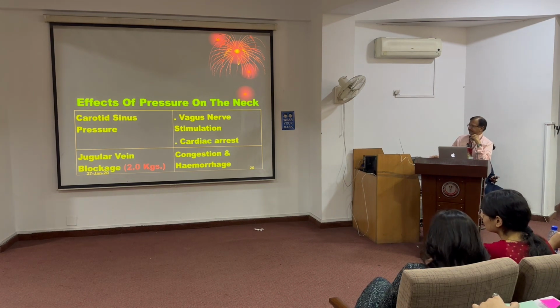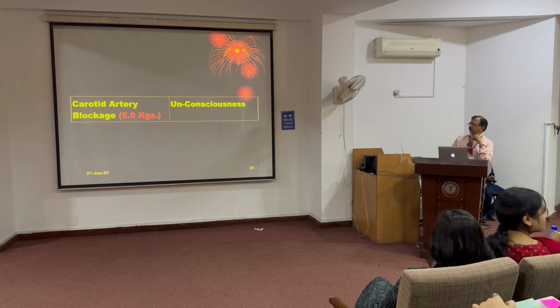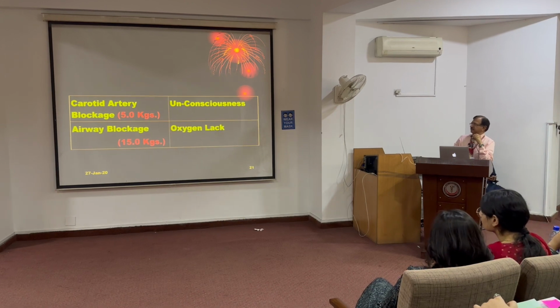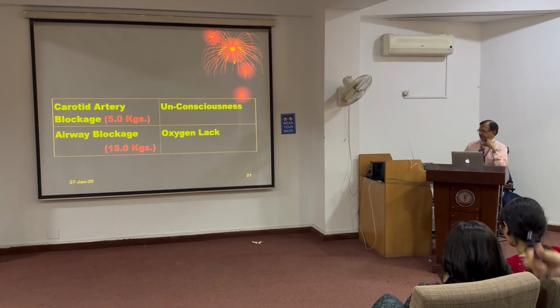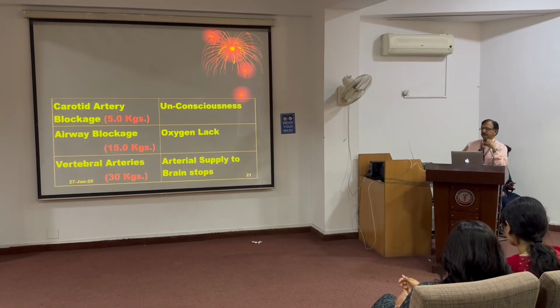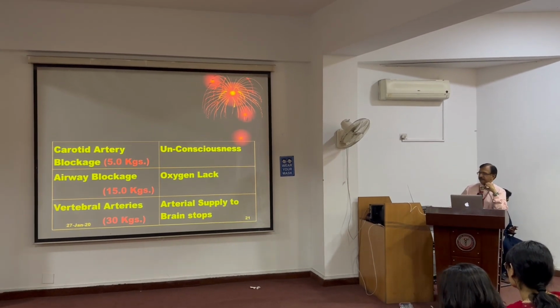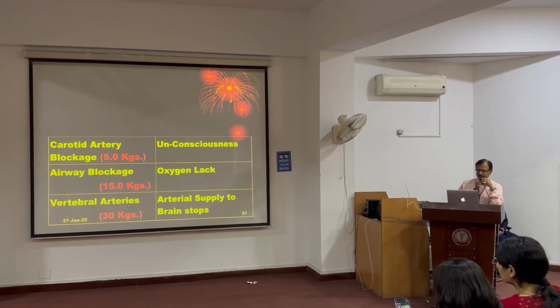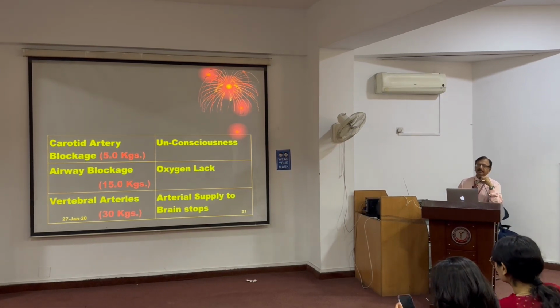The jugular vein needs just 2 kg of pressure, the carotid arteries about 5 kg, and the airways need 15 kg, whereas the vertebral arteries, which travel in the vertebral foramen, require 30 kg. And naturally the human body weight is much more than the pressures required to compress them.